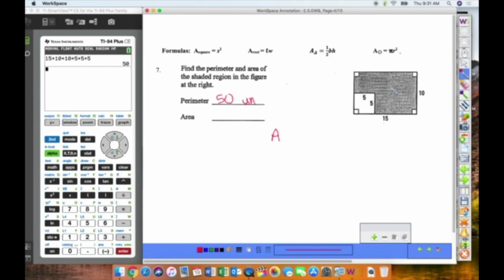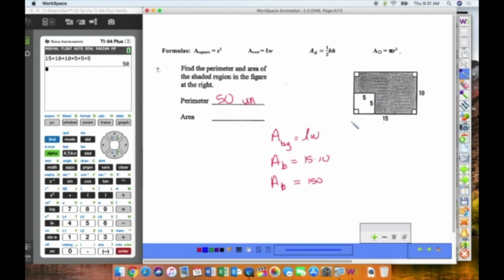But since we're going to do more than one area, because we have a big shape and a little shape, we're going to do area of the big with a little subscript. That's going to be length times width. So A sub b, so I don't have to write big every time. The length of it is 15 and the width of it is 10. So the area of the big is 150.